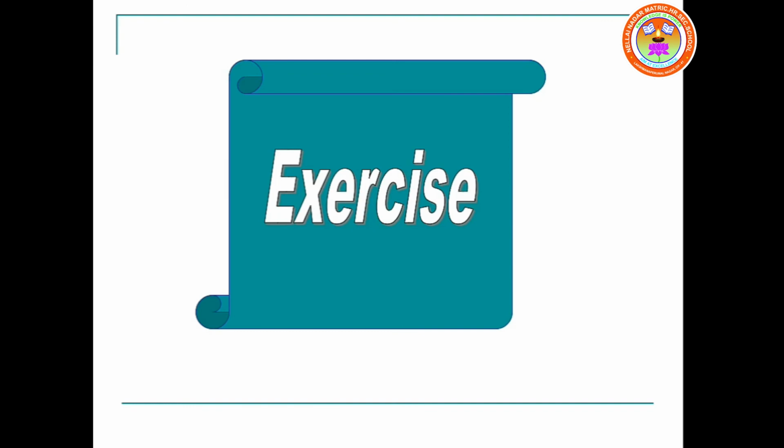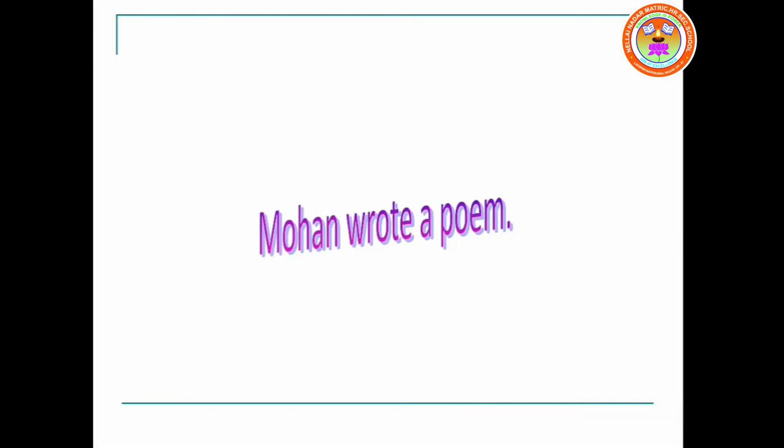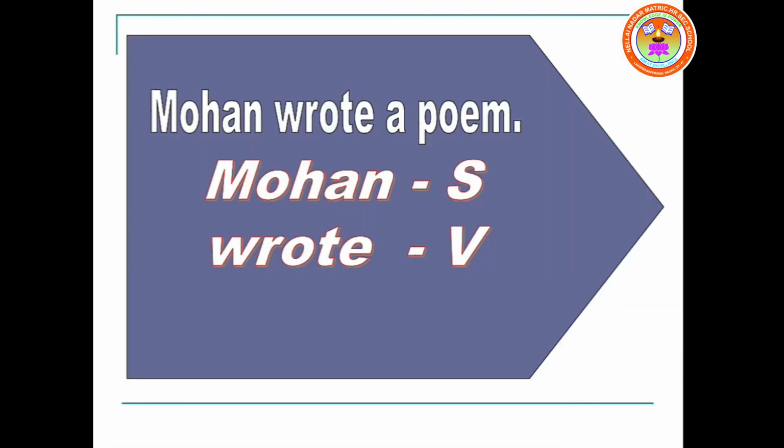Let us do an exercise. Identify the sentence pattern in the following sentences. Mohan wrote a poem. Mohan is the subject. Wrote is the verb. What did Mohan write? A poem.